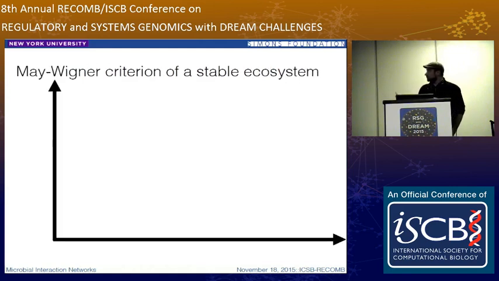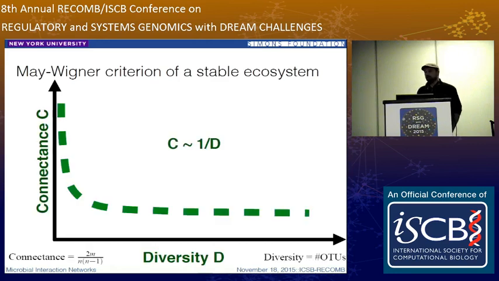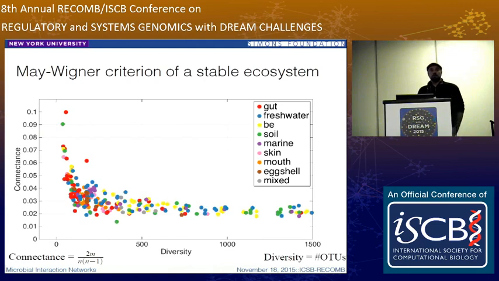And to put this in precise notion, this May-Wigner stability criterion says that the percentage of edges you have in your interaction network should go down as 1 over d, where d is the number of species, OTUs, you have. Okay, what do we observe? We observe this.